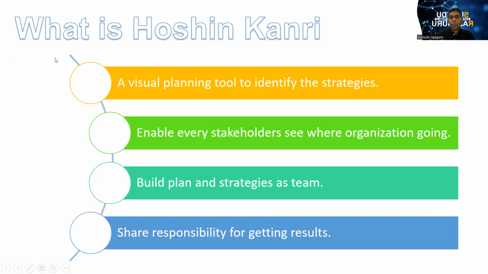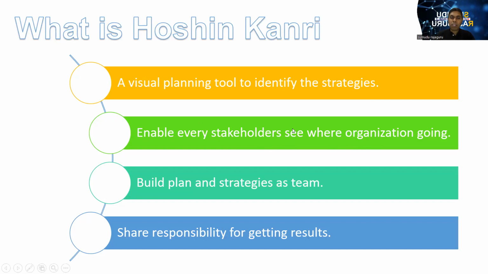When we talk about the Hoshin Kanri, someone can say it is a visual planning tool to identify the strategies. So that means in the Hoshin Kanri, strategies are also included. It enables every stakeholder to see where the organization is going.